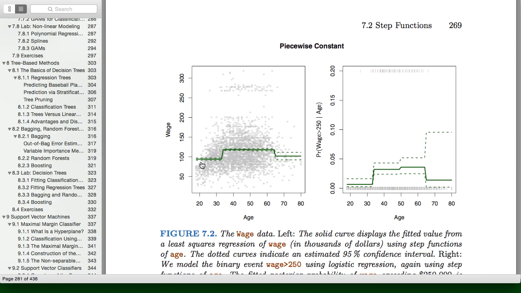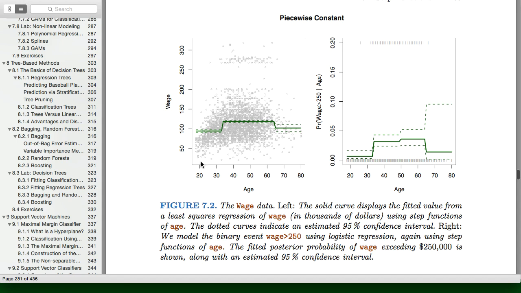The textbook makes the point that if you make 5-year bins, every bin is a 5-year period, you can get a more sophisticated read.